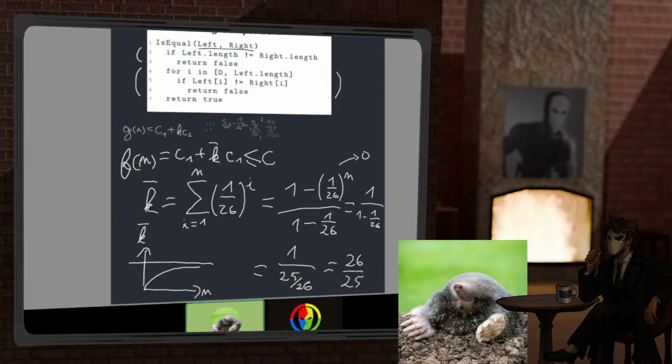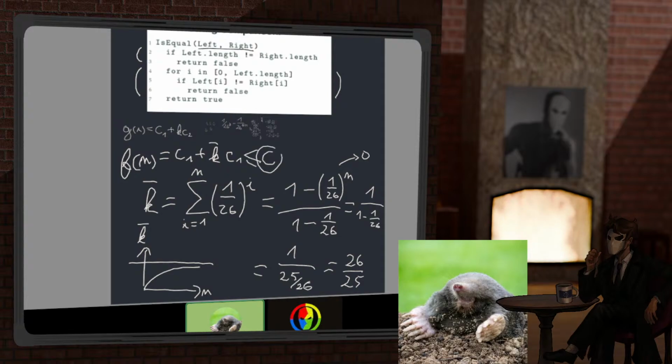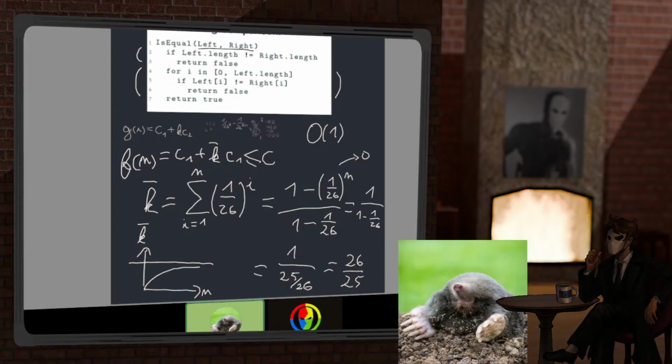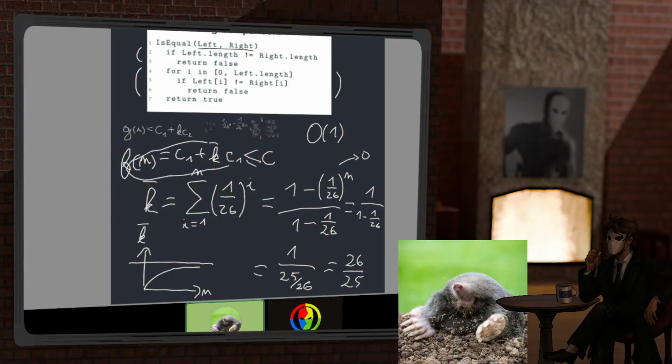This means that our function here, since it is always smaller than a constant, it is in O of a constant number. Because a function that just returns a number is in O of a constant number. And since our function is smaller or equal to this constant, it is in O of 1.